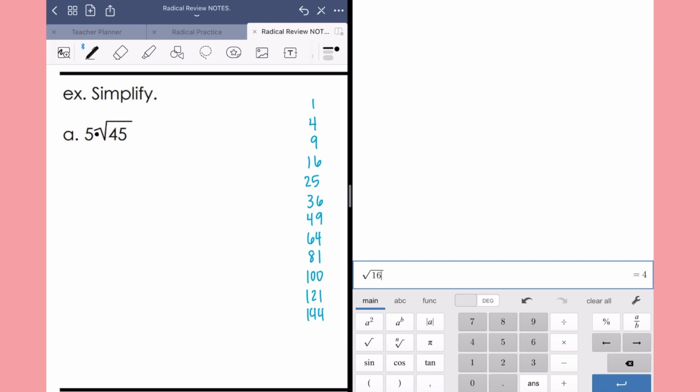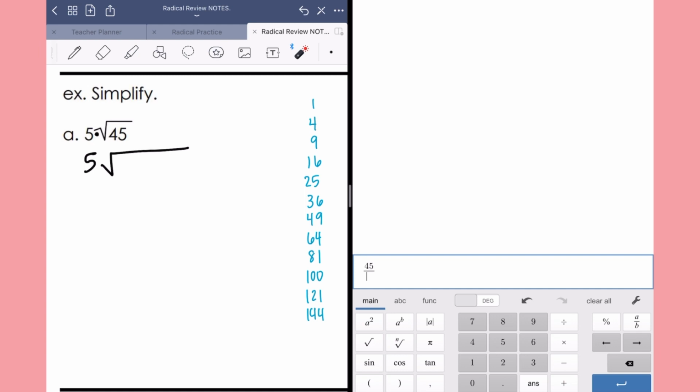So let's get started with the 45. Which perfect square will divide into 45? Where do y'all want to start? We can start anywhere. I'll just start with the number that's less than 45, which was on our list. It would be 36. So no, that doesn't work. What about 25?